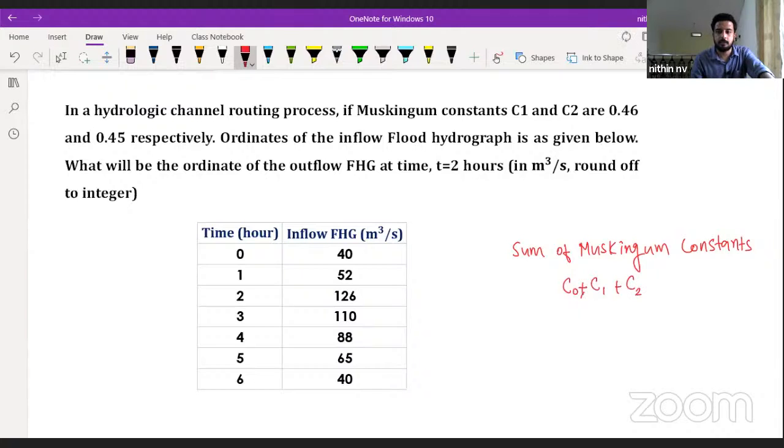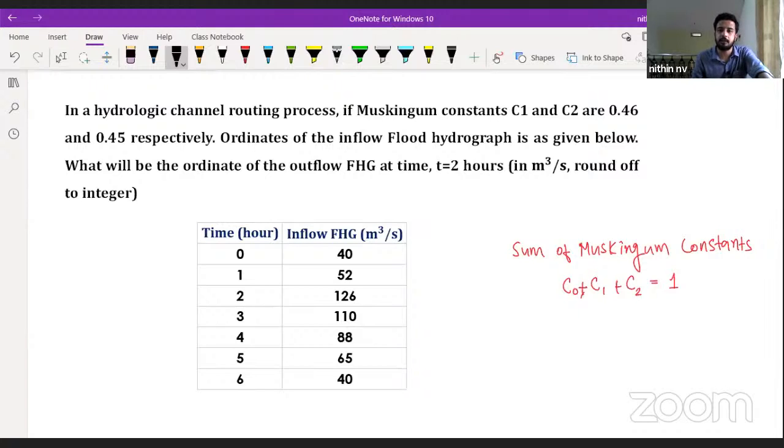So the sum of Muskingum constants will be always equal to 1. Have you seen anything like this before? Very good. Sum of weightages is equal to 1. So that also you remember. The next one, sum of Muskingum constants equal to 1.